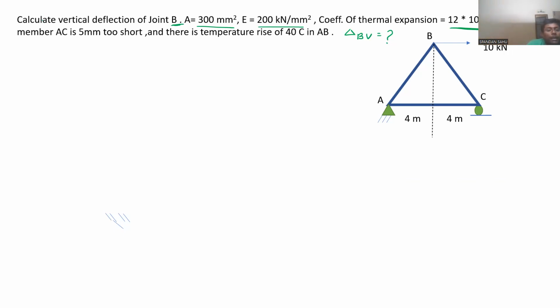Also, the member AC is too short. That means AC member is having some lack of fit.